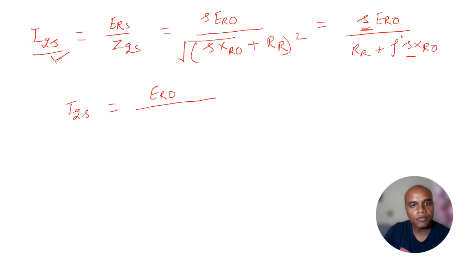And the S in the j S X cancels. X_R0 is simply the reactance of my secondary circuit, similar to a transformer. So the reactance is not part of my slip now in this case, and the rotor resistance is divided by S.